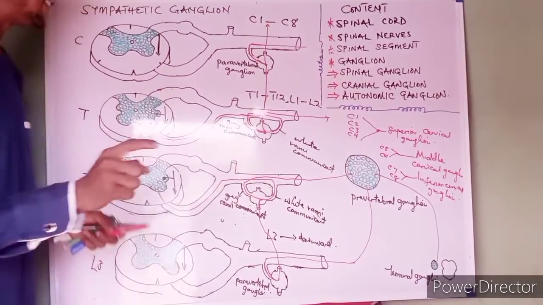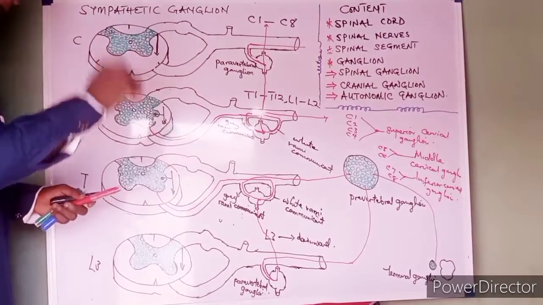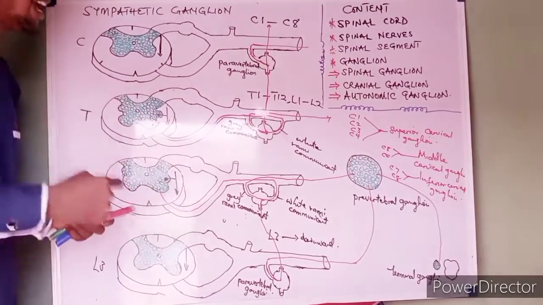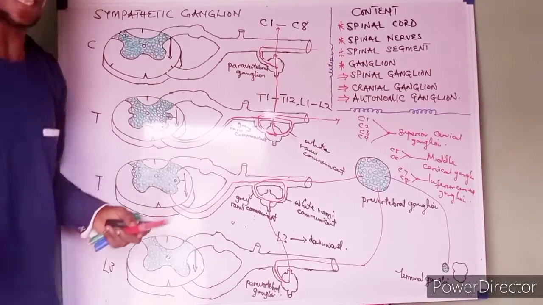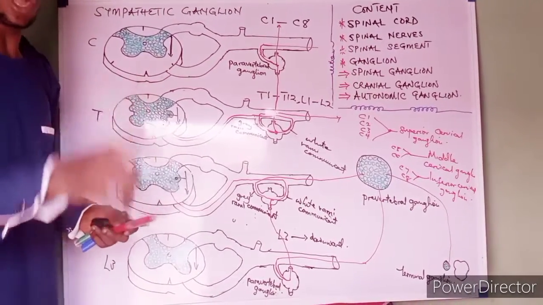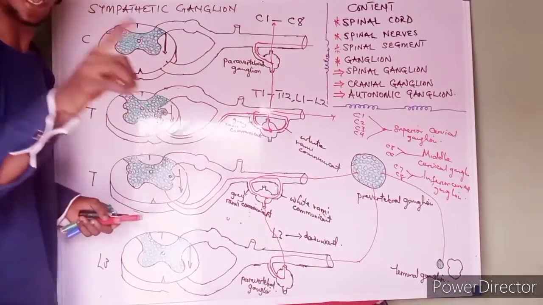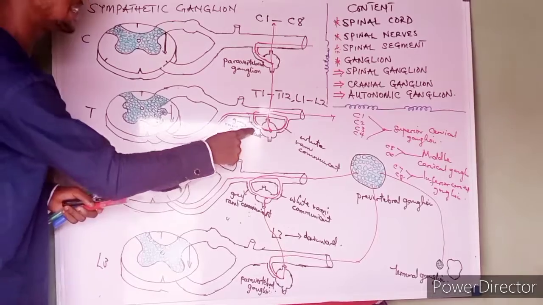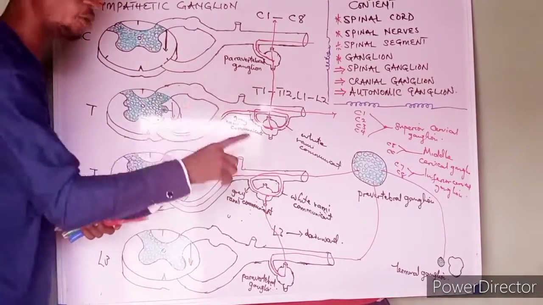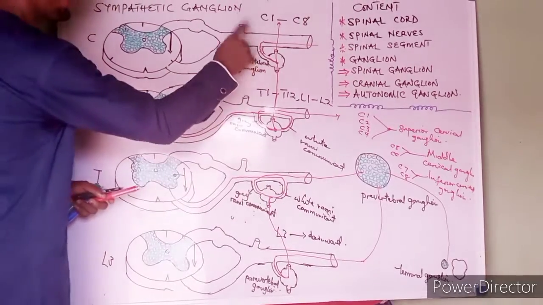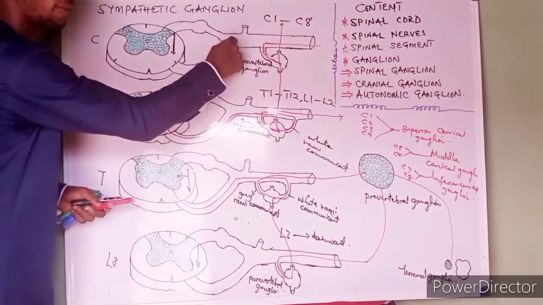Now I want to tell you this. This is the reason the sympathetic chain or the sympathetic fiber is also called the thoracolumbar segment. The reason they are called the thoracolumbar segment is because you only have the outflow in the thoracic and in the lumbar. Remember I told you L1 and L2 lumbar. Remember I told you that in the cervical you don't have the sympathetic outflow.